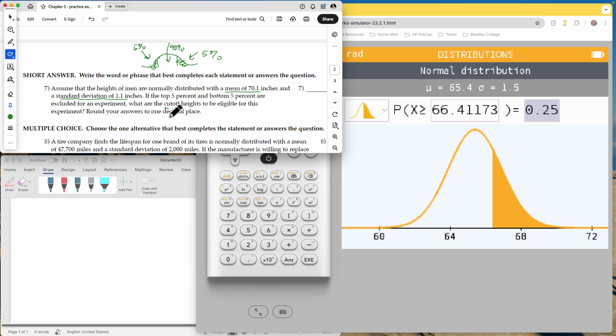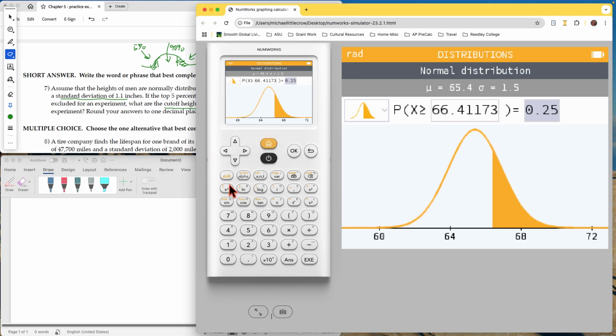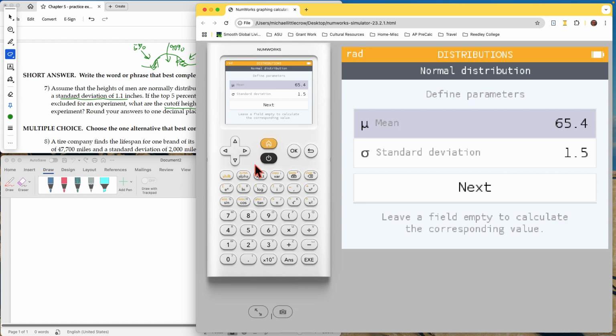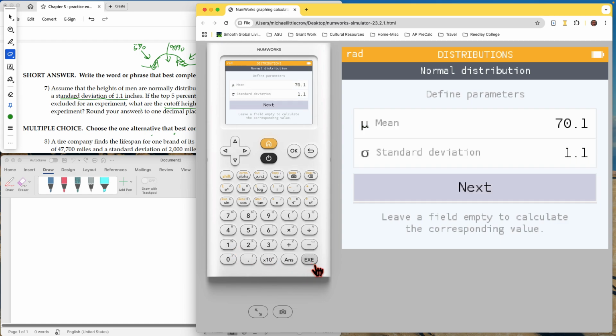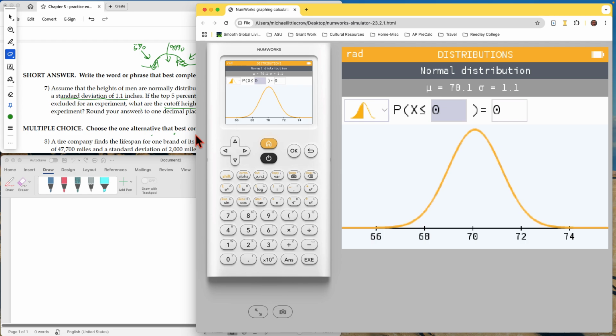What are the cutoff heights to be eligible for this experiment? Okay, first thing is we have to enter our mean, 70.1, and the standard deviation, 1.1.